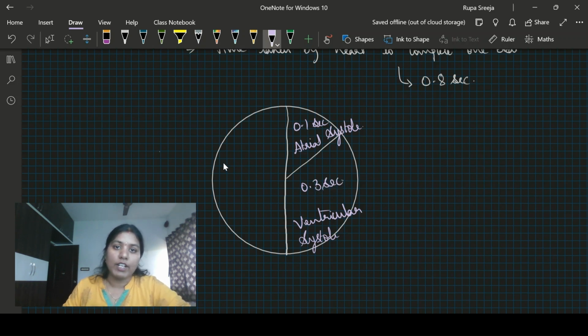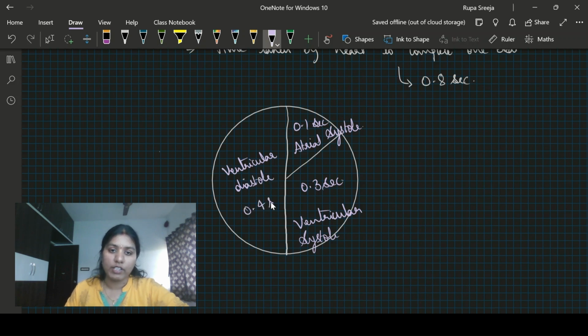Whereas ventricular diastole takes 0.4 seconds.